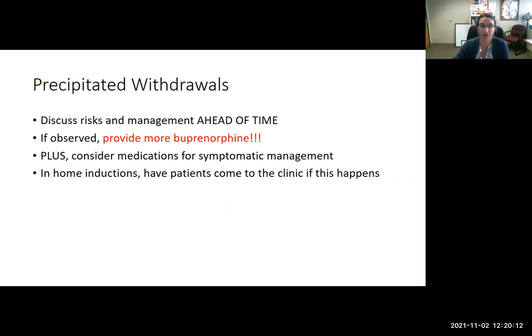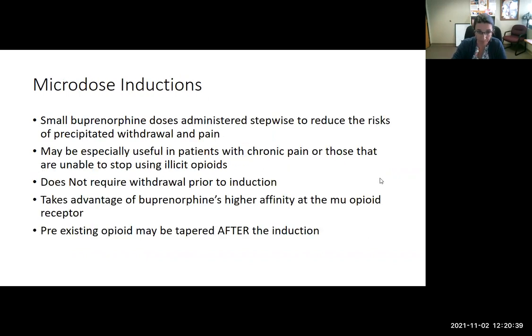So definitely want to counsel them to continue to push through it, because eventually those receptors will become saturated by the buprenorphine that holds on to them more strongly with greater affinity. And even though it's a partial agonist, and so had that precipitated withdrawal, right, it will take over and they'll eventually feel better. And then you can recommend that if they're able to come into the clinic, if they do have precipitated withdrawal, then certainly they should.